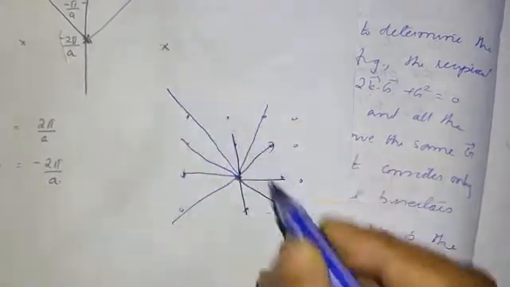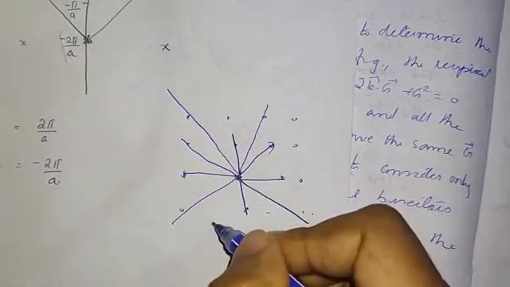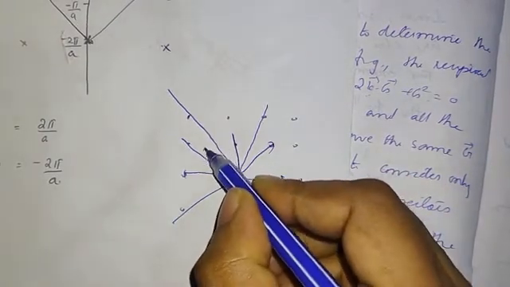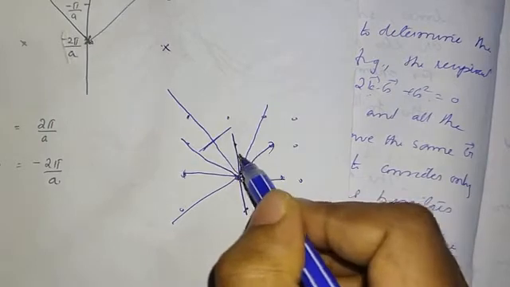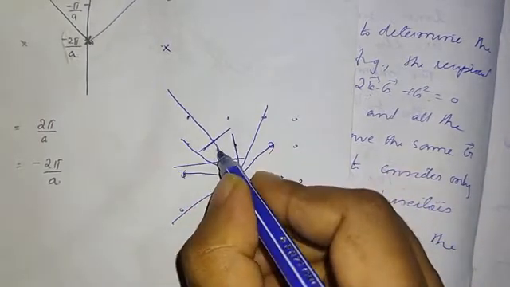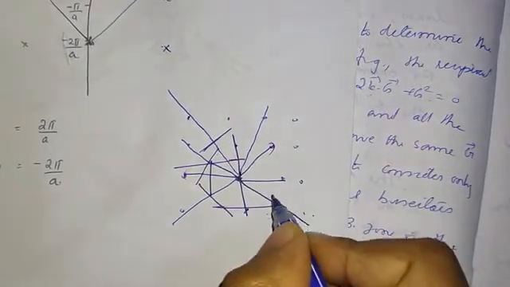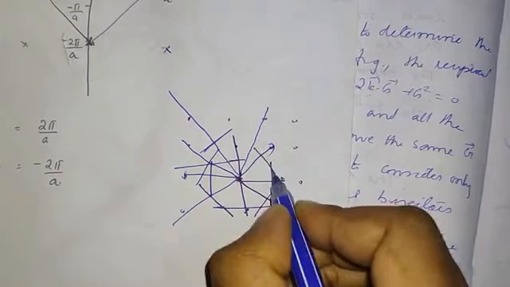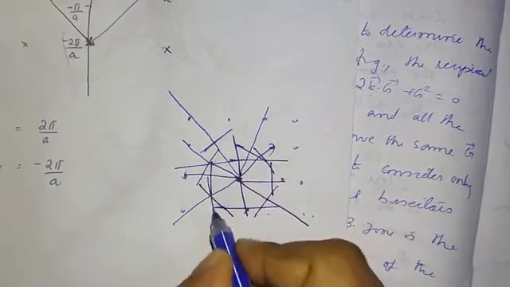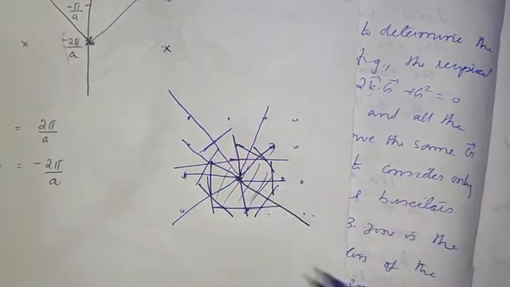Then we draw perpendicular bisectors to all these vectors, and the boundary bounded by these will give you the Brillouin zone.